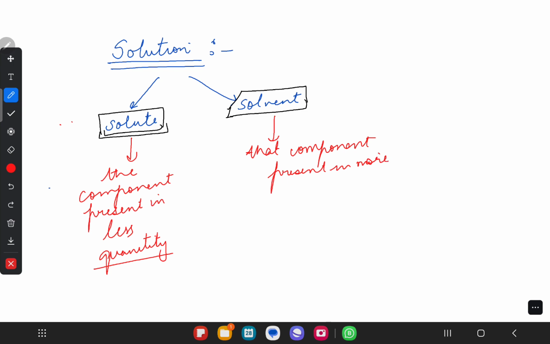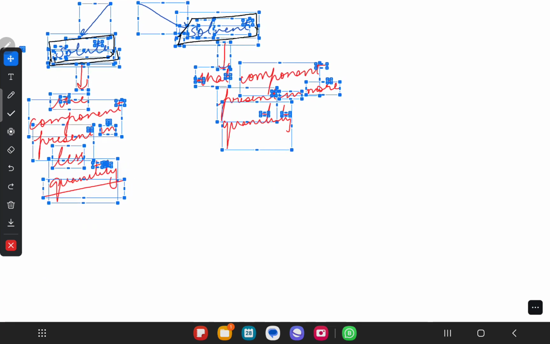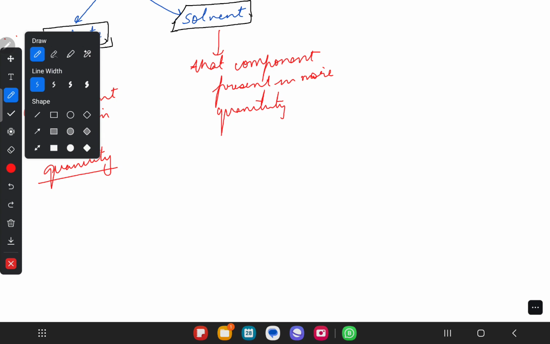So suppose I have made a solution. I can dissolve 240 grams of sugar in 100 milliliters of water, right? So I can say it exactly.